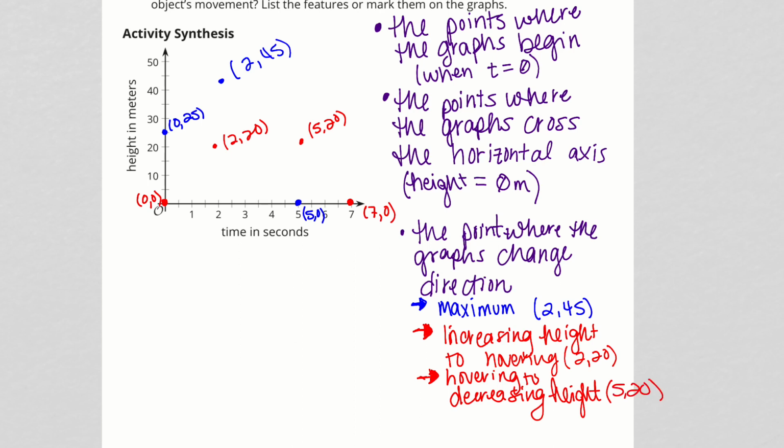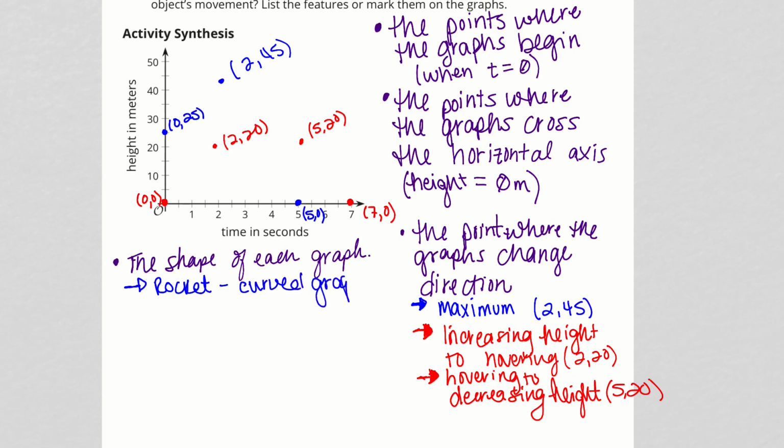Okay. Another thing that's important to note is the shape of each graph. So our rocket's shape was curved, right? Our rocket had a curved graph. And our drone was composed of straight lines.